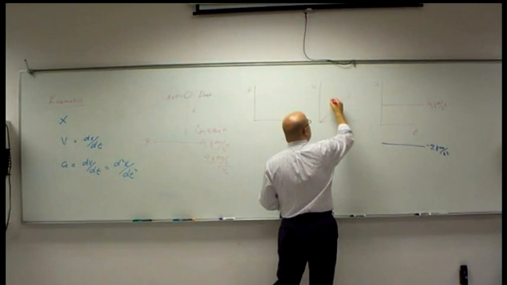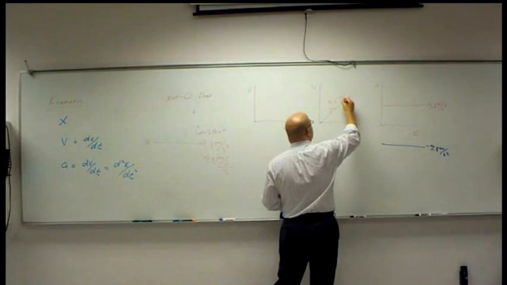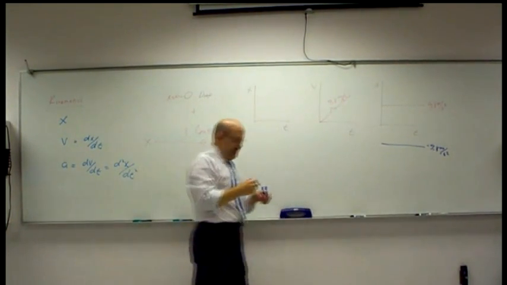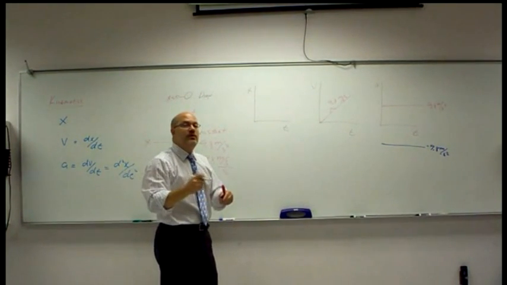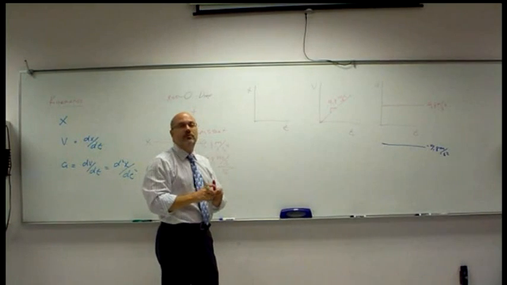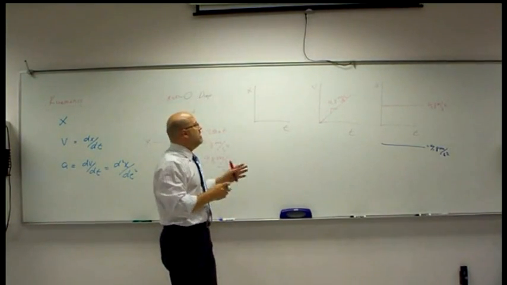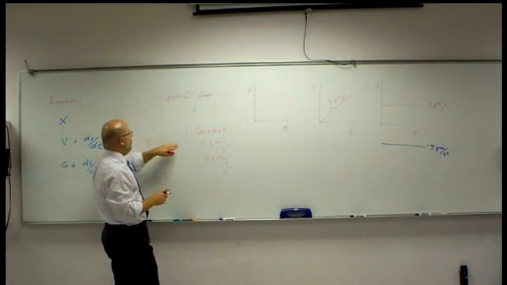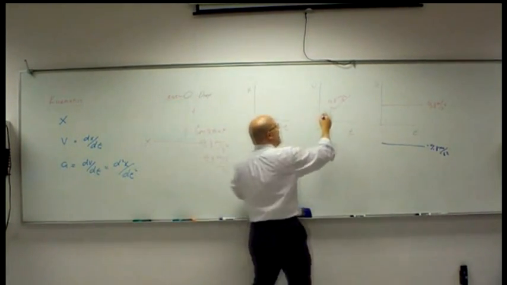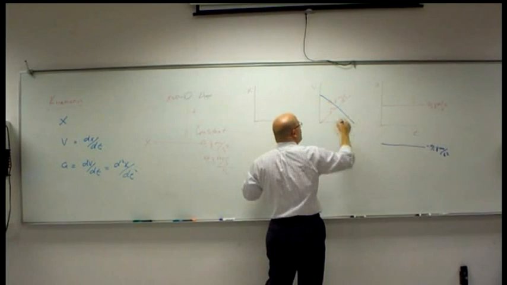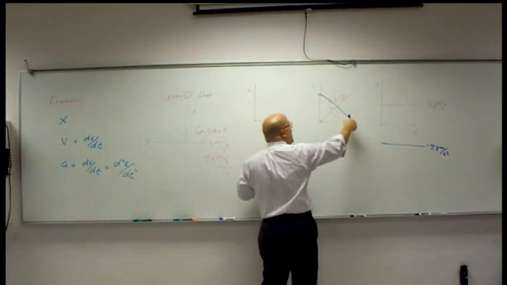With the slope being 9.8 meters per second squared. If you assumed up as positive, then you probably assumed this as 0, and this is x. So your graph would look just the opposite, like this probably. Started up here in the air, ended at some other place.